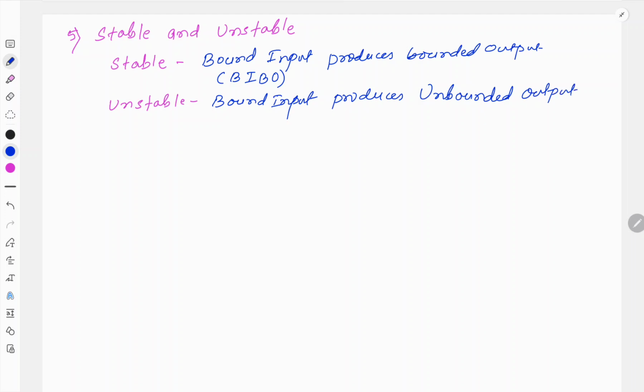So if we apply a finite input to a system but the output is infinite, in those cases systems are said to be unstable systems. So let us take an example.